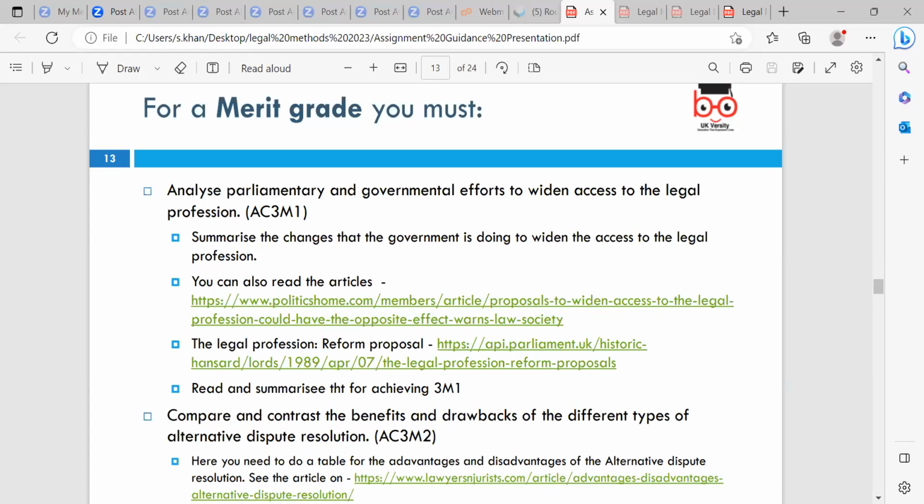Analyze parliamentary and governmental efforts to widen access to the legal profession. You need to summarize the changes that government is doing to widen the access to the legal profession. You can also read the article that's linked there. You've got the legal profession reform proposal, and you've got the article there.